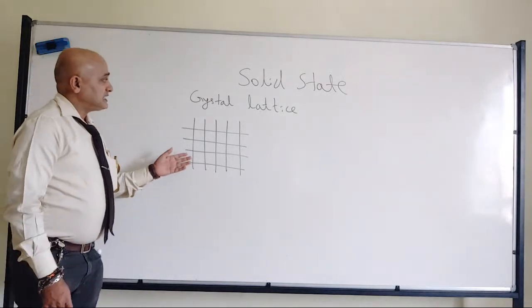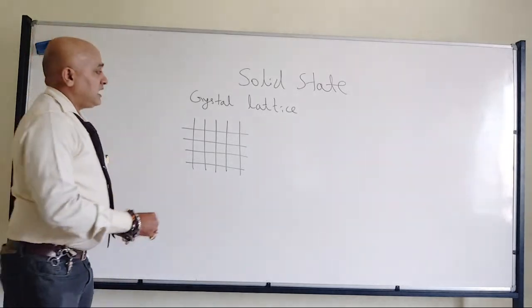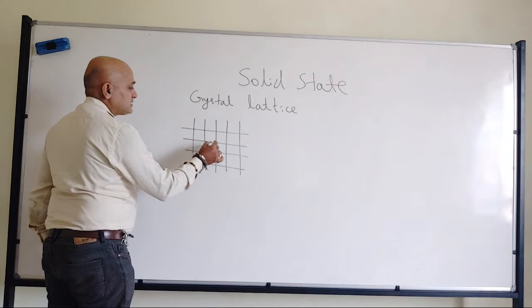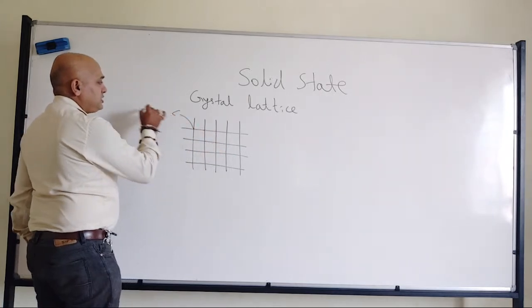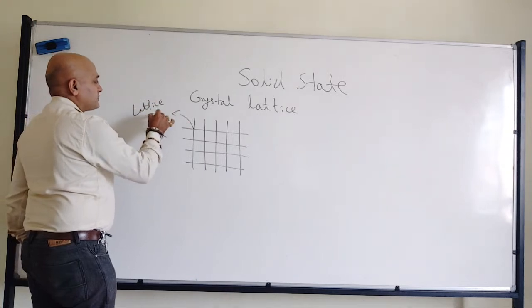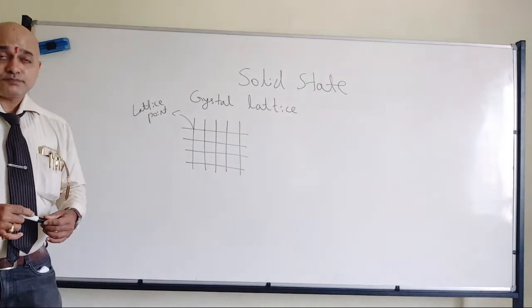So if you observe this one, this is an example for crystal lattice, where each point where two lines are meet, we will consider it as a lattice point.